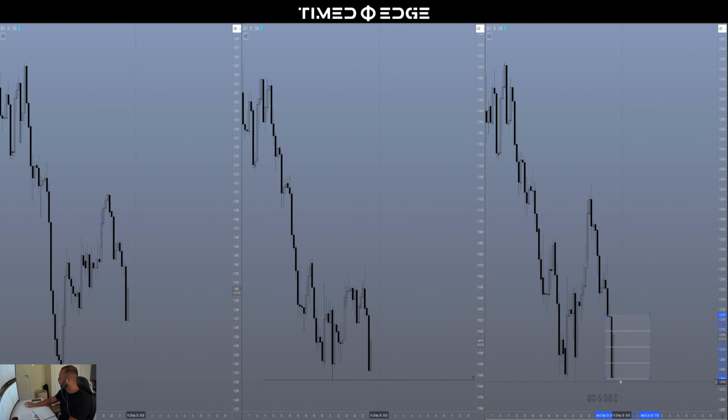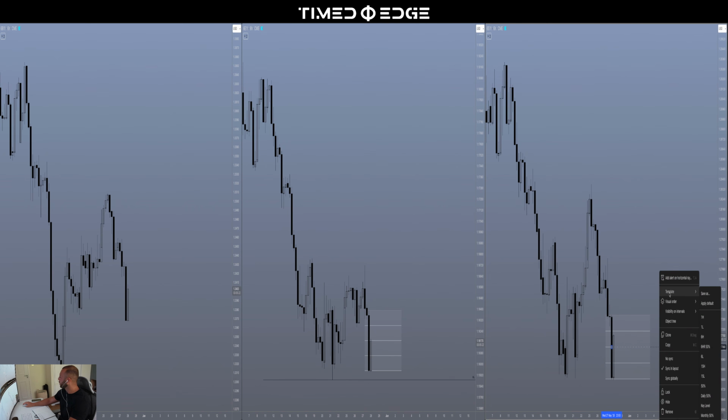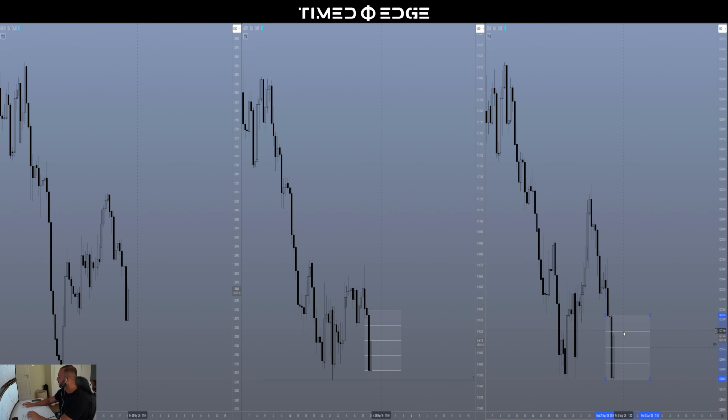Right, wick below, close above, or 50%. If we all start closing above, now it's very important that if we close above the 50%, should I mark this in?